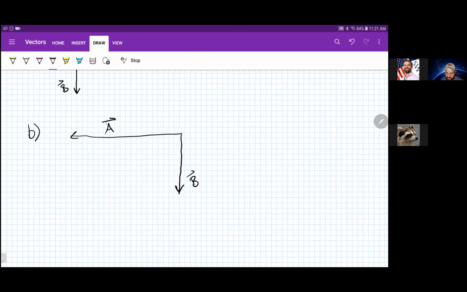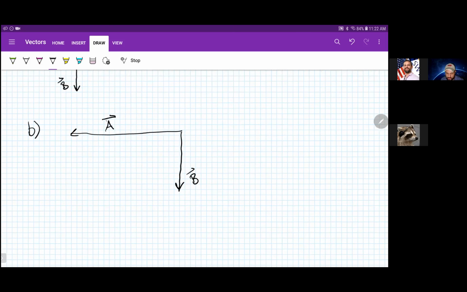Tell me which direction the N hat is going in this case. It would be going out. Yeah, okay, so I got several answers saying it's going out of the page.